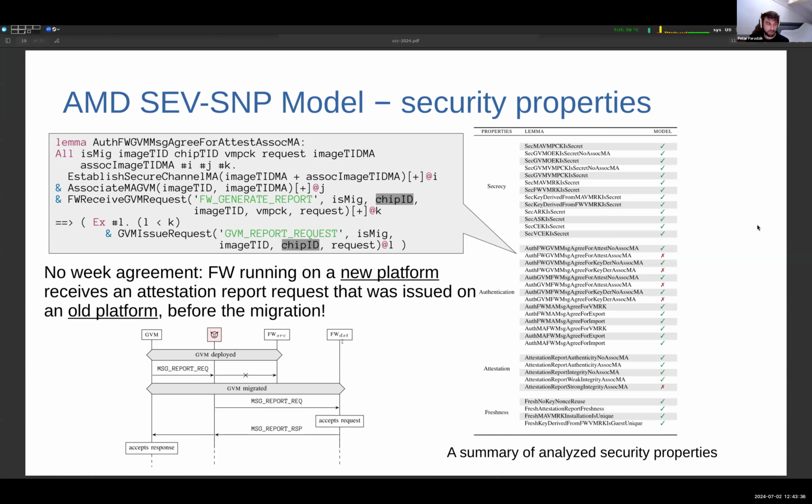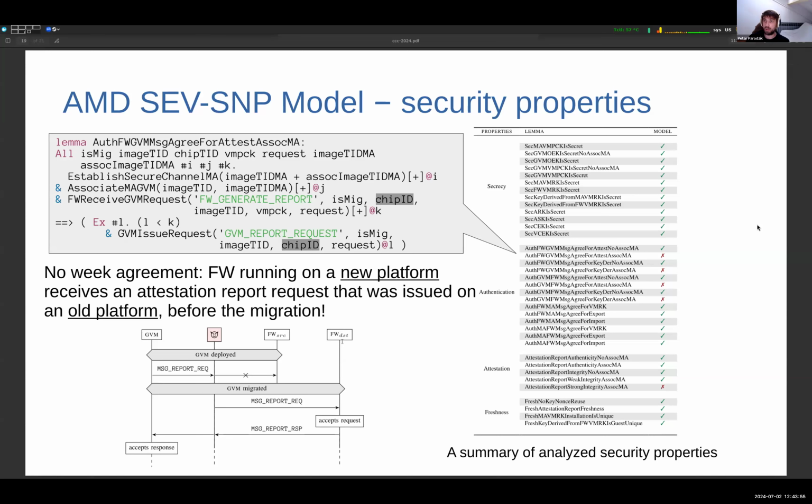Another limitation is that, like I mentioned, we model AES Galois counter mode of encryption, AES GCM mode, but it is only for guest messages. Those are messages exchanged between the SNP protected guest and the SNP firmware, and also between the migration agent and the SNP firmware.